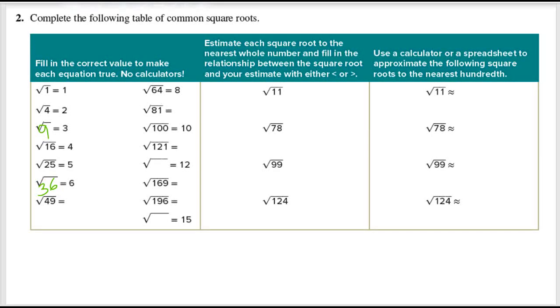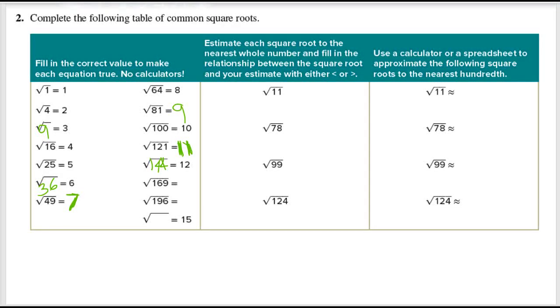Square root of 49, you can probably guess, even if you don't remember, that 7 times 7 is 49. You probably guess the square root of 49 is 7. Square root of 64 is 8. Square root of 81 is 9, because 9 times 9 is 81. Square root of 121 is 11. And as I showed you before, the square root of 144 is 12.